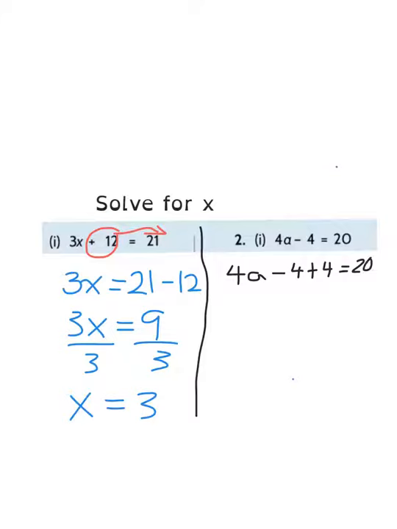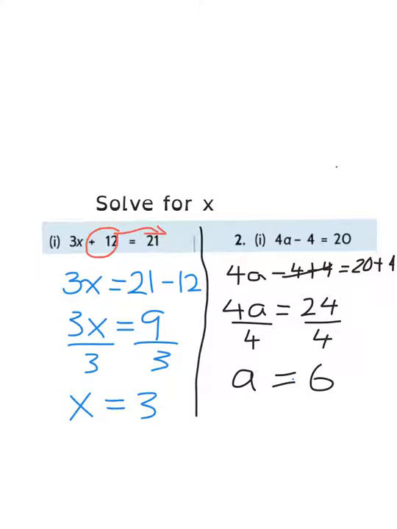Now, remember the rule, whatever we do to the left, we must do to the right. So, they will cancel. I'll get 4a is equal to 20 plus 4 is 24. Divide both sides by 4 to find out what a is equal to. A is equal to 6. You may use whatever method you're most comfortable with.